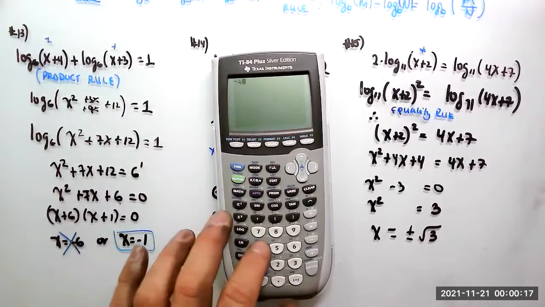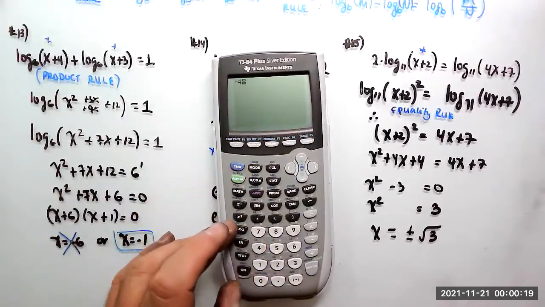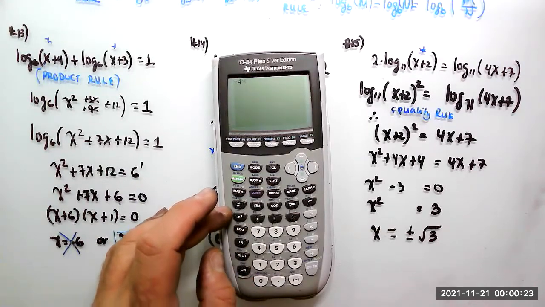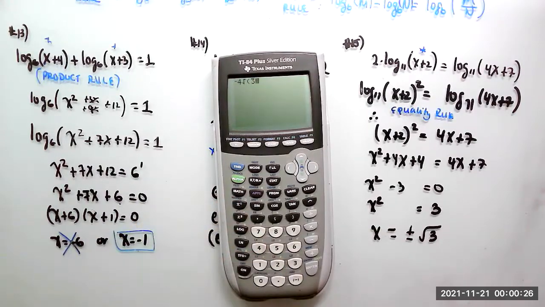So negative 4 square root of 3. Let me close parentheses, and then I do what? Plus 7. Equals, it's a positive number.